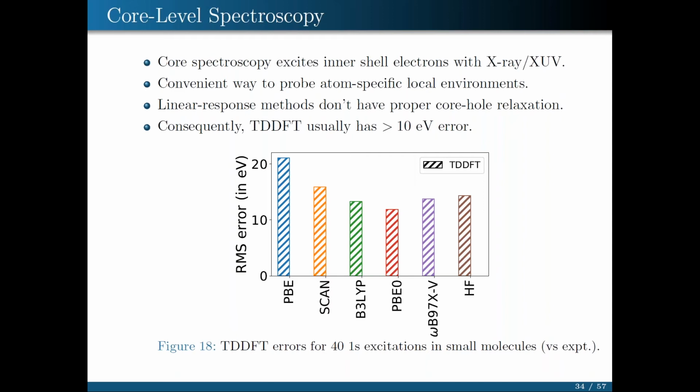However, linear response methods like TDDFT don't really handle the relaxation of the density in response to the core hole formation properly, and therefore they wind up having something like a greater than 10 eV error, as shown for a case of 40 excitations out of 1s orbitals of small molecules for atoms like carbon, nitrogen, oxygen, and fluorine, where we can see that TDDFT with a broad spectrum of functionals ranging from PBE to Hartree-Fock has an RMS error greater than 10 eV.